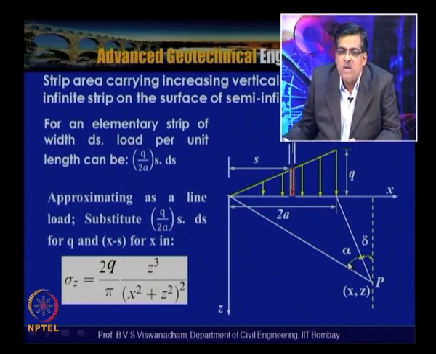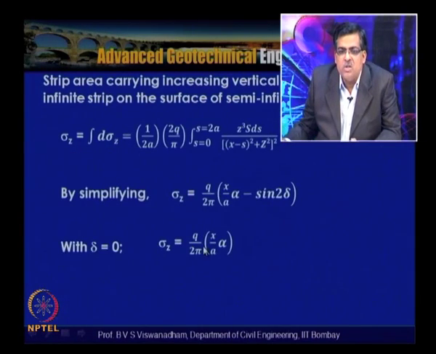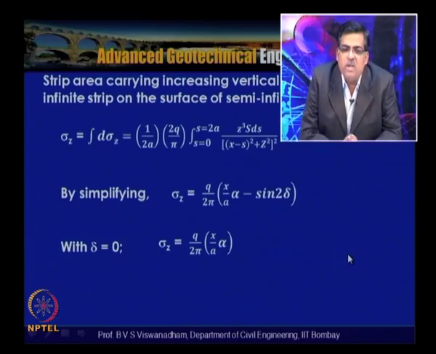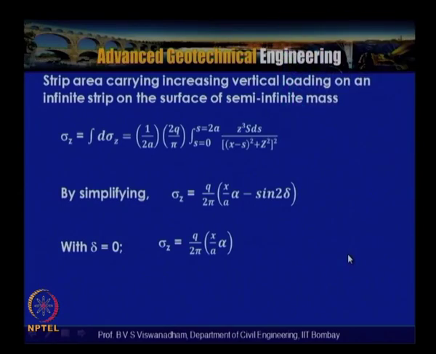Now we have a case where alpha covers the breadth of this strip and delta is equal to 0, and sigma z is equal to q by 2 pi into x by a alpha, where, based on the depth requirements, once we compute this alpha, it needs to be expressed in radians.